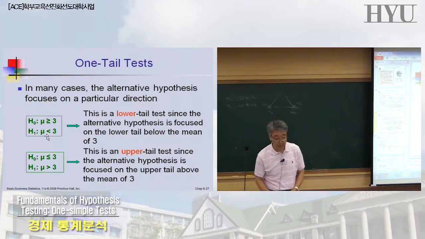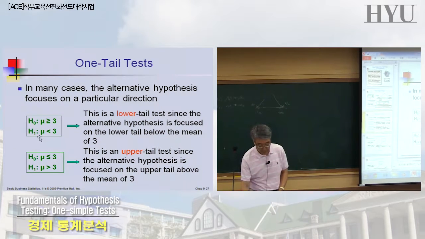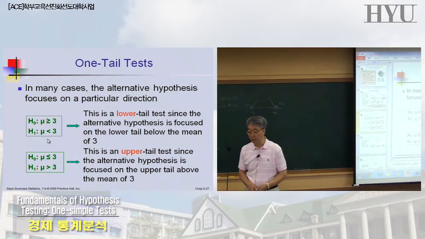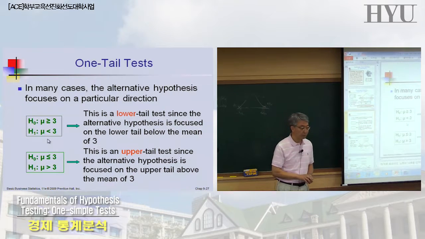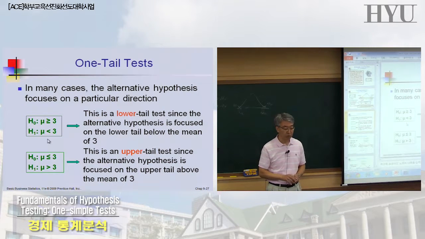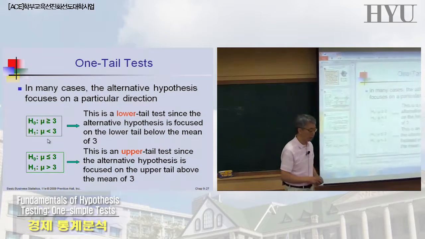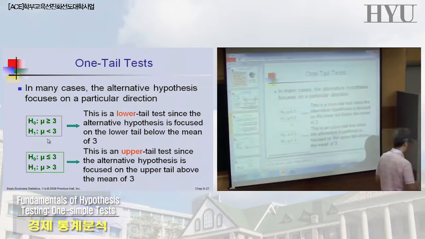Again, let me repeat it, right? If you have sufficient evidence to reject the null hypothesis, then that means you can accept the alternative hypothesis. It's okay to accept the alternative hypothesis. I told you never to accept the null hypothesis, right? Because there is a chance of type 2 error in case you accept the null hypothesis.